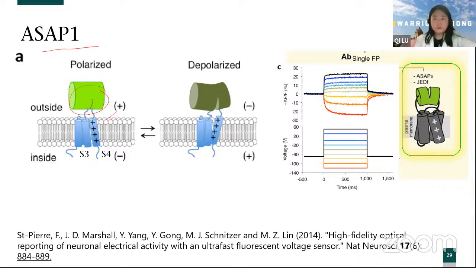After the intracellular membrane potential becomes more depolarized, the fluorescence actually goes negative, decreases.